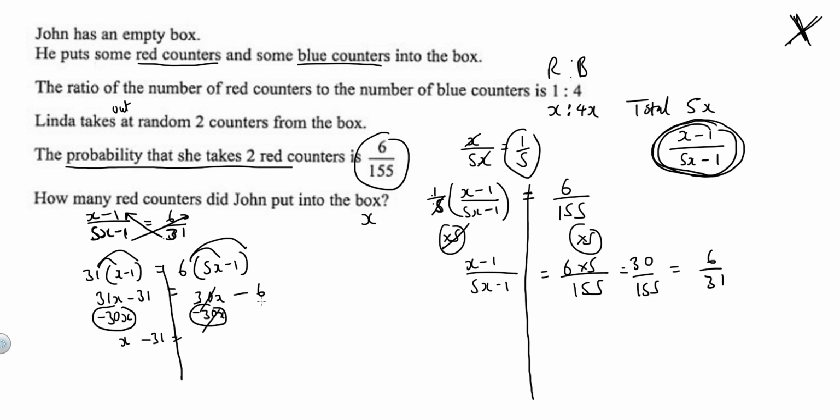These cancel, you're just left with minus 6 on the other side, plus 31. x is equal to, well, minus 6 plus 31 is 25. So what's the value of x then? How many red counters did John put into the box? That I was representing as x. So x is right there, 25.